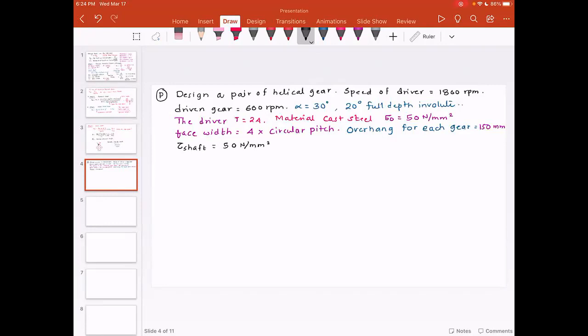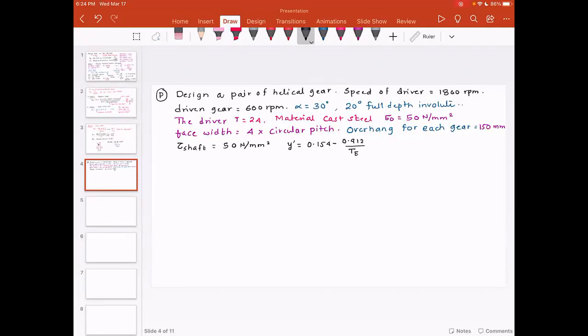And the Lewis form factor, y prime, is given as 0.154 minus 0.912 divided by TE.